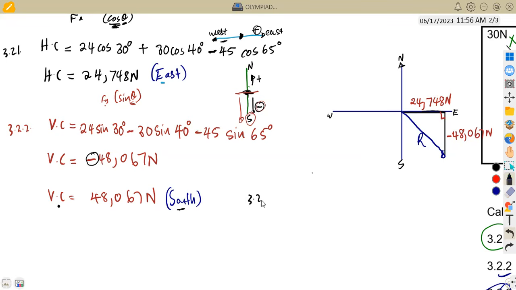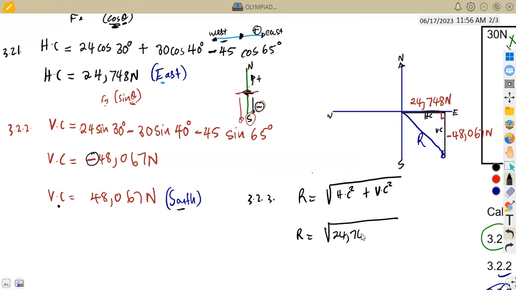All right. So 3.23, our resultant from Pythagoras theorem is going to be the square root of the horizontal component squared plus the vertical component squared, which gives us the square root of our horizontal, 24,748 squared, plus the vertical component, which is negative 48,067 squared.